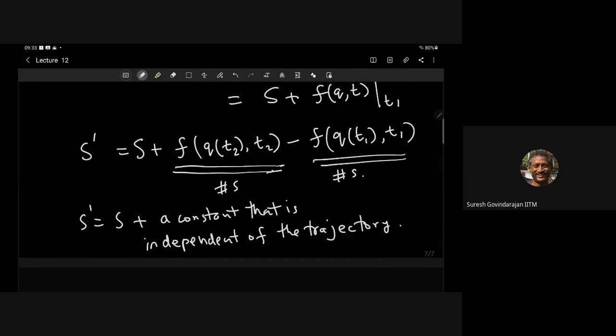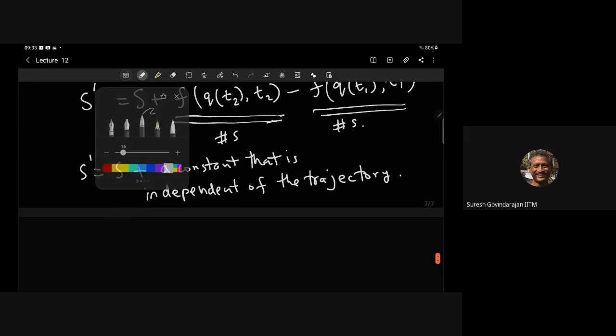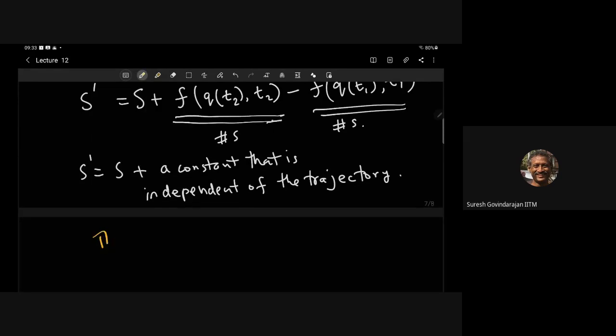In other words, it knows nothing about the trajectories. So it doesn't matter which trajectory you put in, S prime minus S will give the same answer. So it's boring, this constant has no meaning.